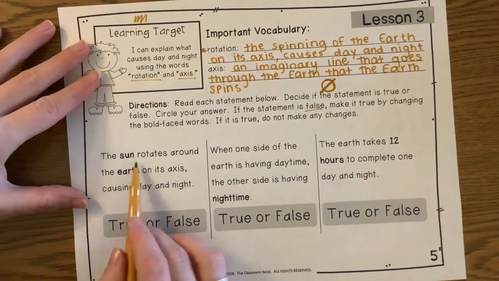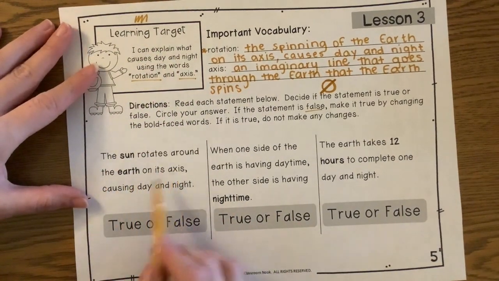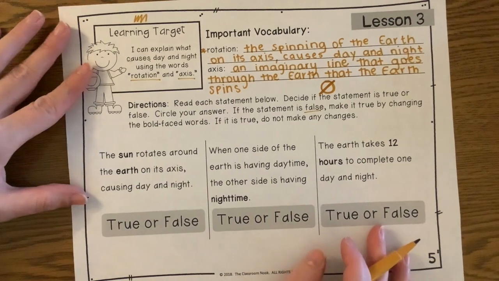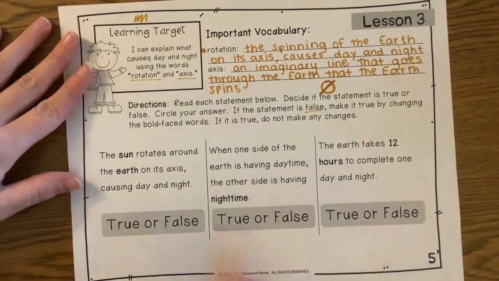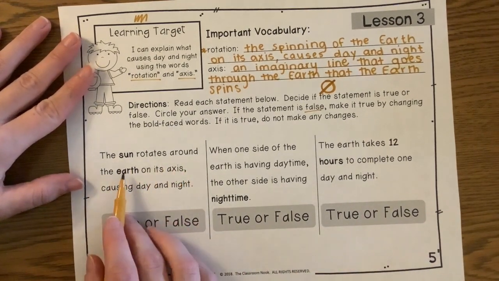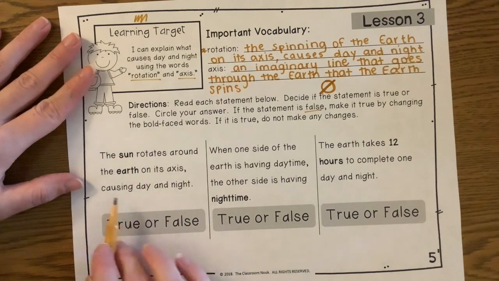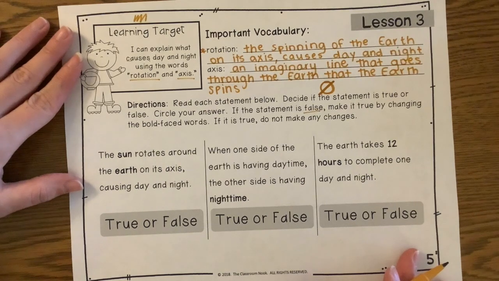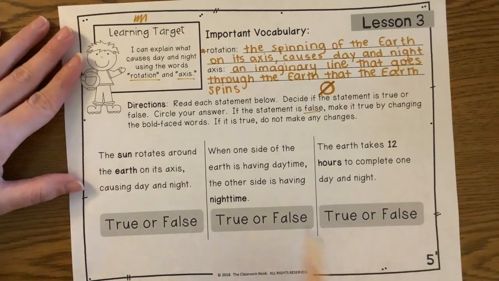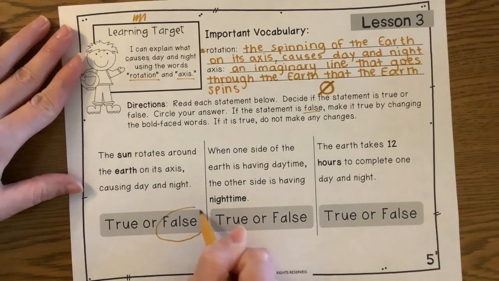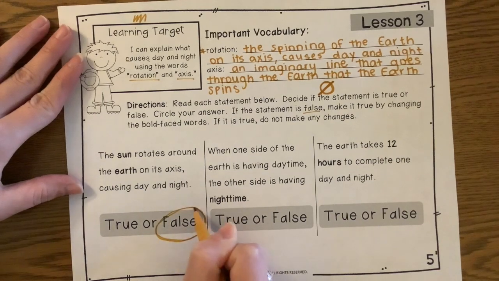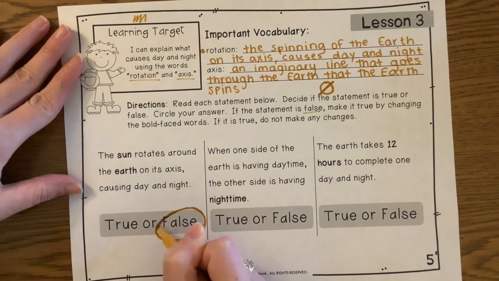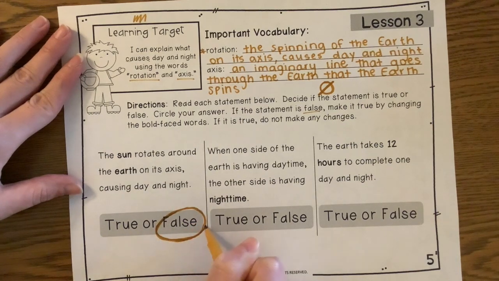So let's see, it says the sun rotates around the Earth on its axis, causing day and night. Is that true or false? That's definitely false. The sun does not rotate around the Earth. The sun's position never changes.